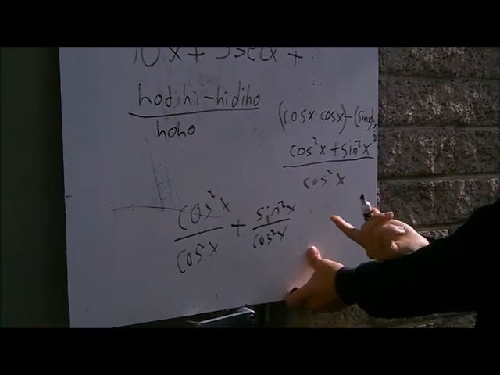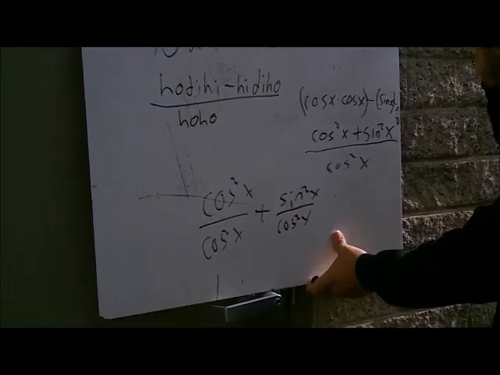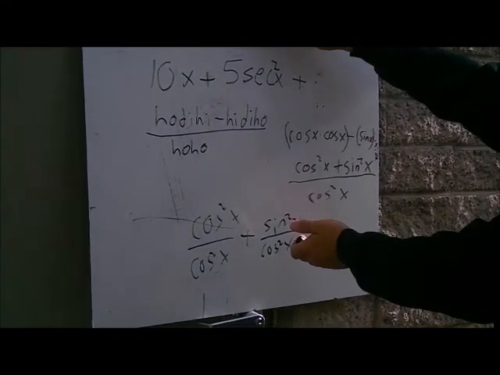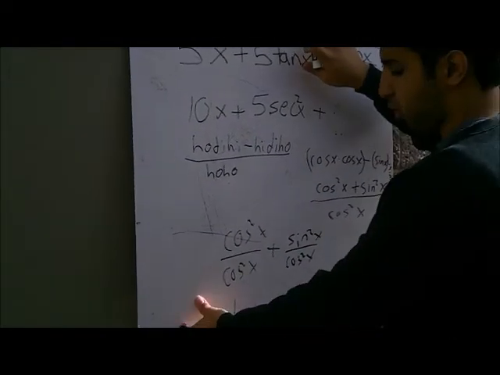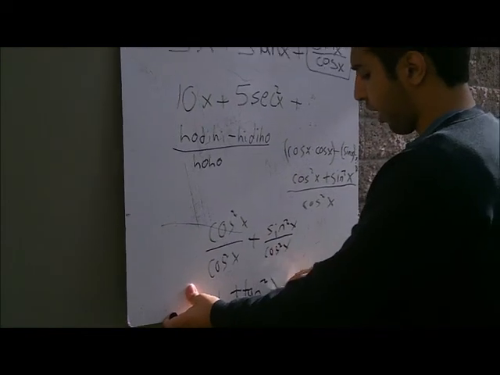The first is simply 1. And since sine x over cosine x is tangent x, and it's squared over squared, we put plus tangent squared x.